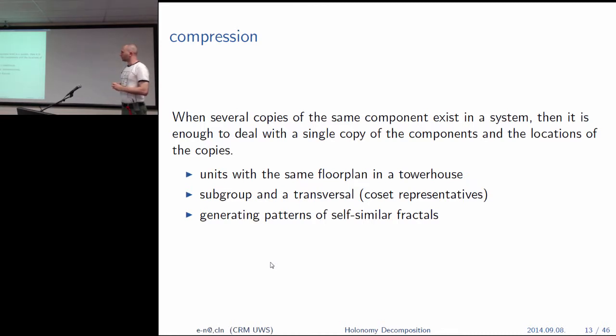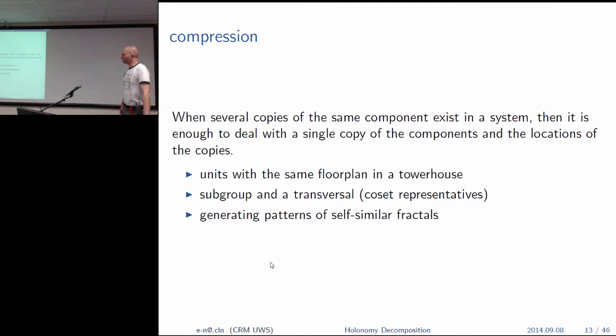Another example, coming from group theory, if you happen to know group theory, is that you have the subgroups and the coset representatives. It's basically that you have a subgroup and you find that the whole group is built of copies of the same element, sort of translates.